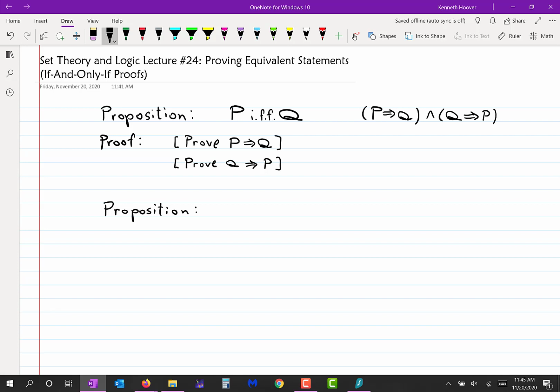The integer n is odd if and only if n squared is odd. I'm going to write IFF as an abbreviation.